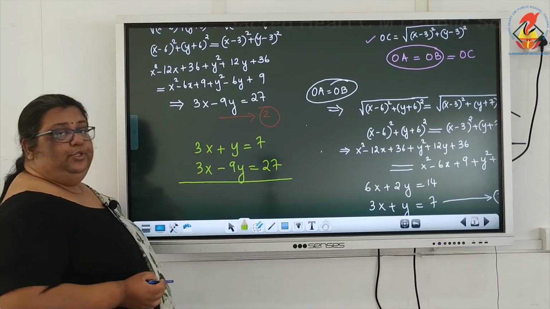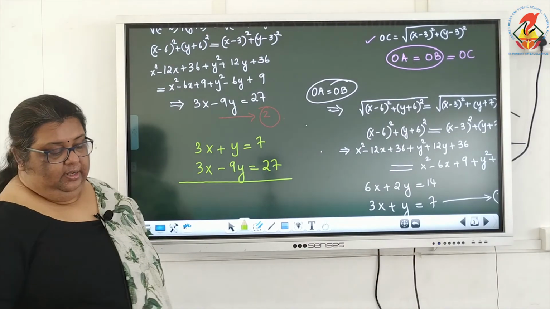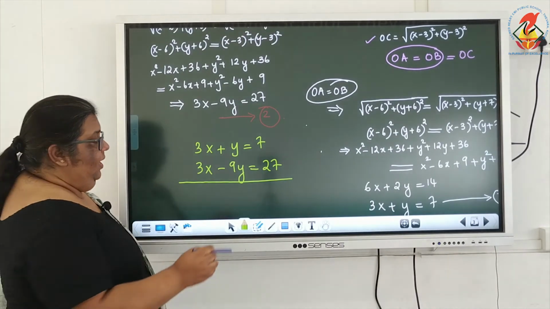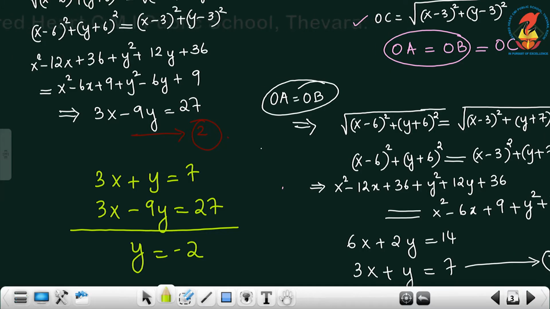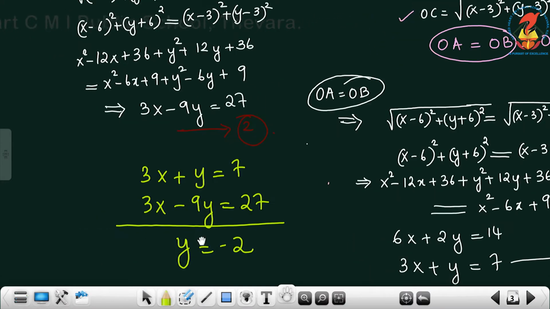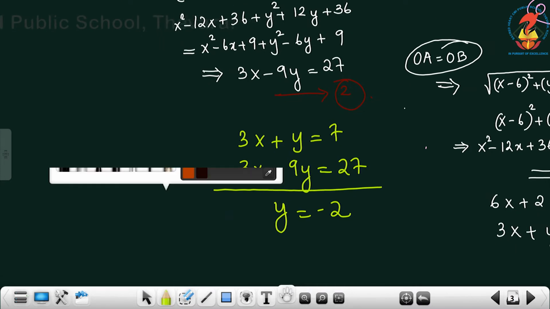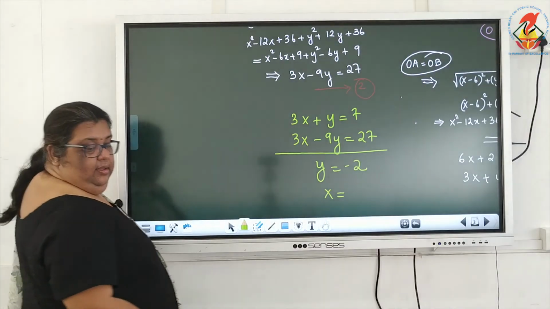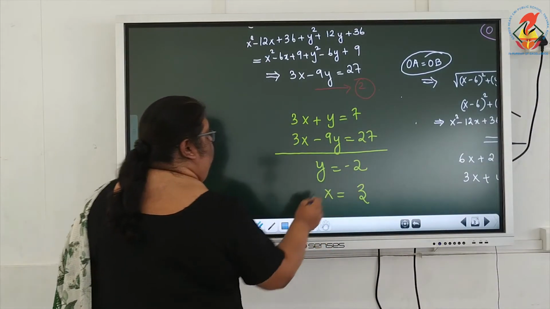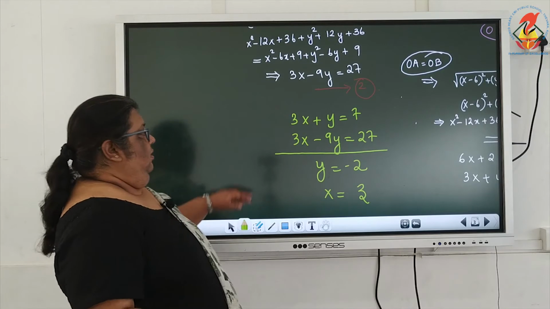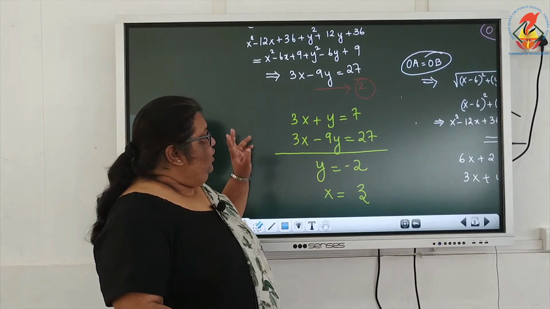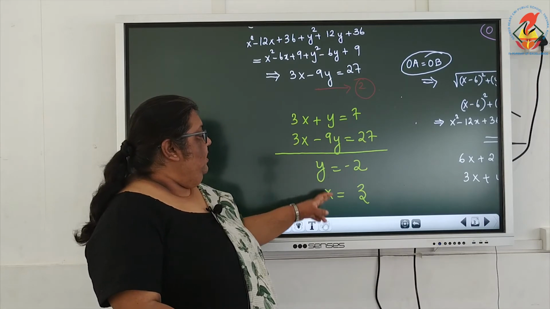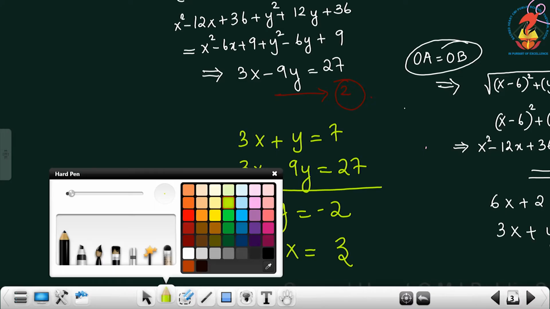Children, we need to solve the linear equations. After solving, you will get the value of y as negative 2 and you will get the value of x as 3. How will you solve this equation? Equation 1 minus equation 2, you will get the answer. Okay. So, you will get the value of y as negative 2, x as positive 3.